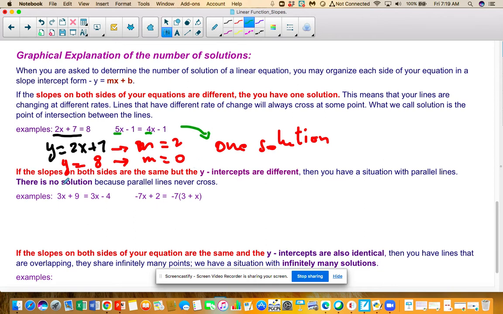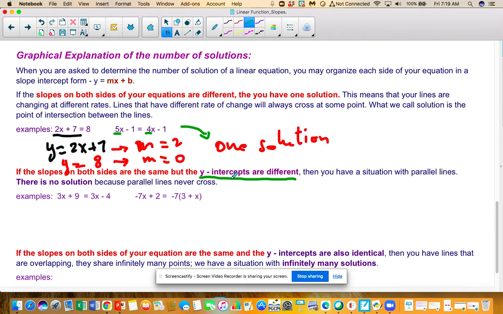So here is another situation. Let's talk about when the slope is the same on both sides. If the slopes are the same on both sides, then you have to compare the y-intercepts, right? If the y-intercepts are different, then that means you are dealing with parallel lines. Parallel lines change at the same rate.